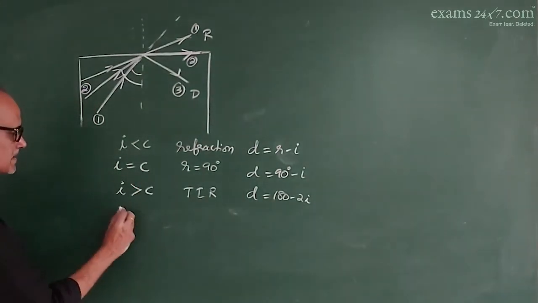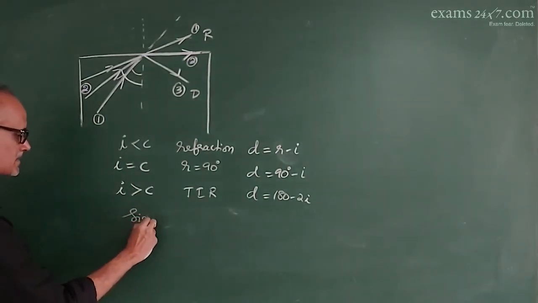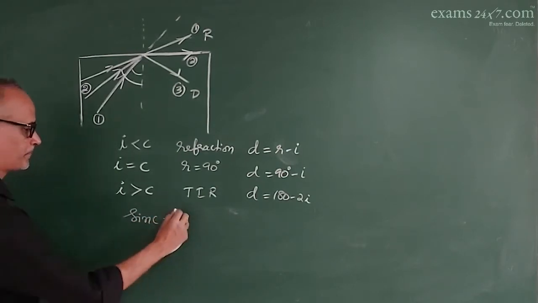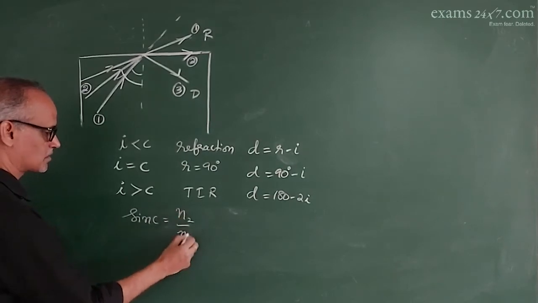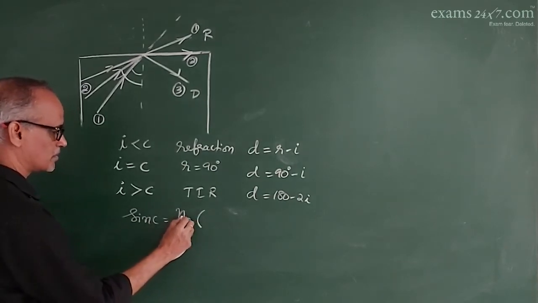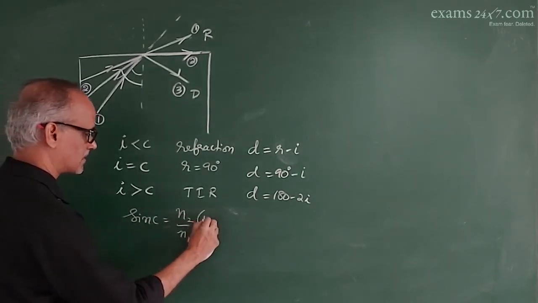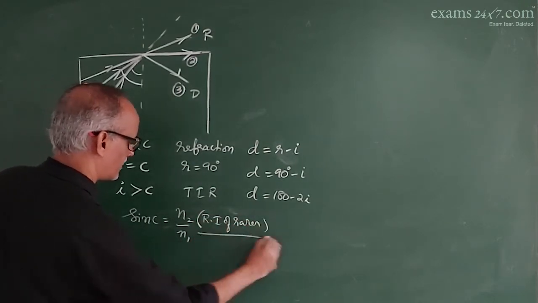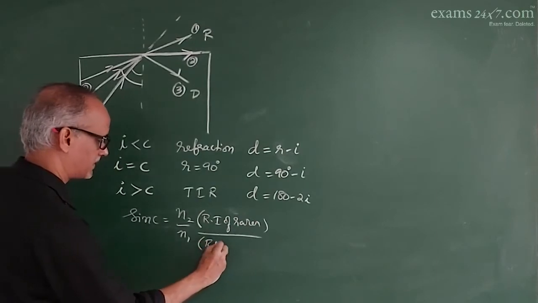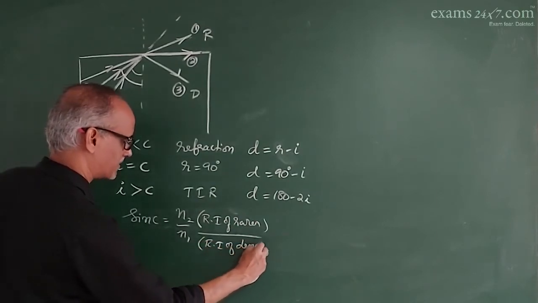The critical angle is related to the refractive index, that is, sin C is equal to N2 by N1. When we write N2 by N1, the numerator is the refractive index of the rarer medium divided by the refractive index of the denser medium.